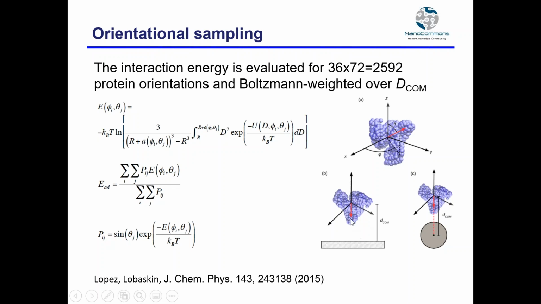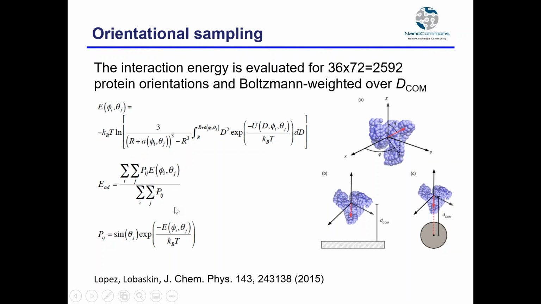Then in each orientation, we move the protein with respect to the surface, so that this distance, d(COM), the center of mass distance, is changed, and we calculate the Boltzmann average, the ensemble average over those distances. So energy is averaged. This procedure gives us a single value of energy for each pair of azimuthal and polar rotation angles.